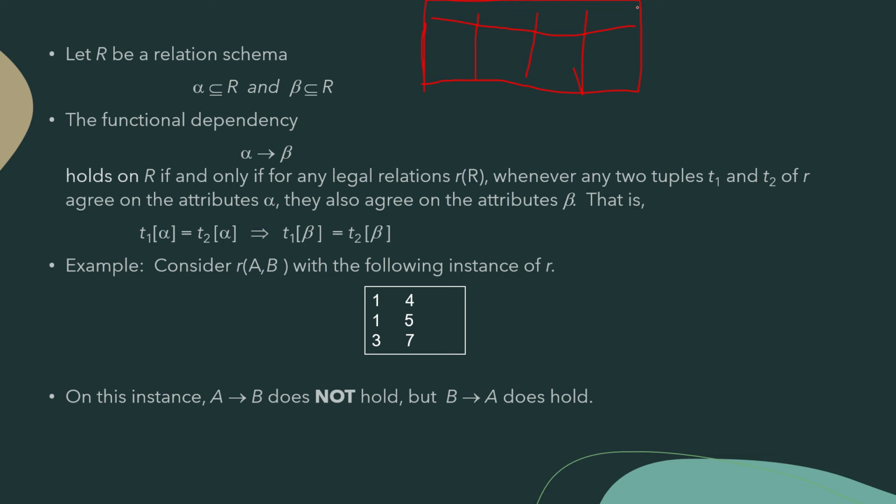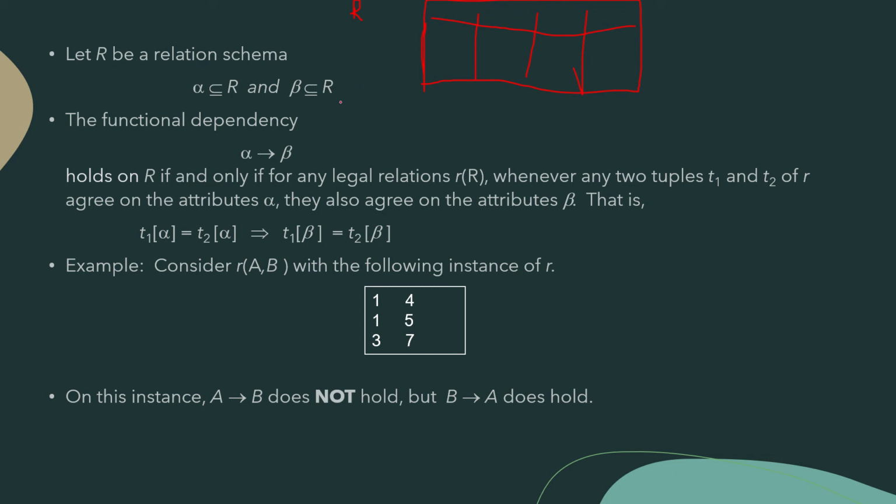Suppose the set of all the attributes is represented by R. This is the relation schema, which means the set of all the attributes. We take two subsets, alpha and beta, which are subsets of R. That means alpha is any subset of this schema, and beta is another subset of the schema.